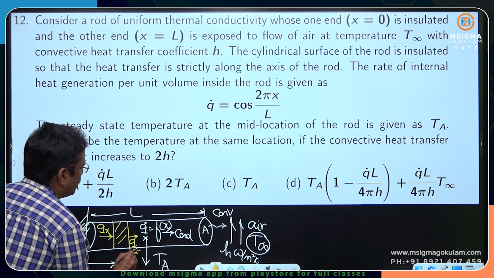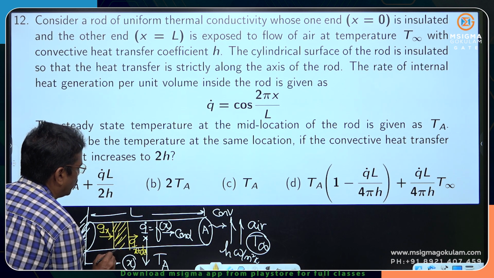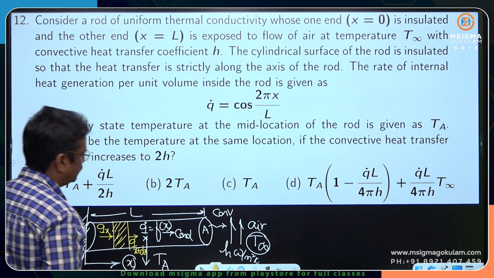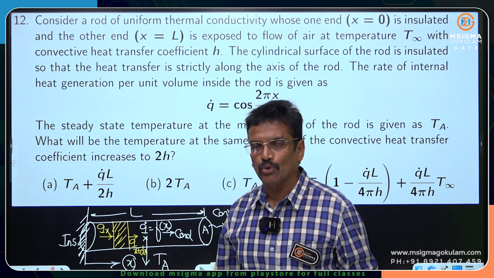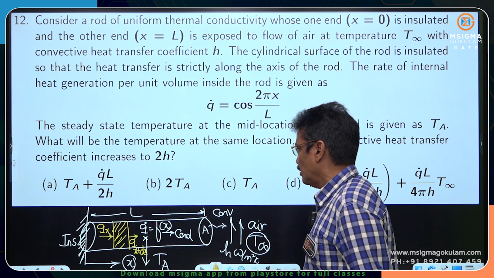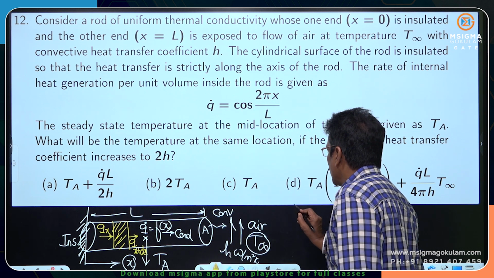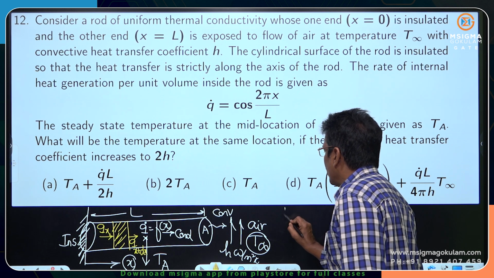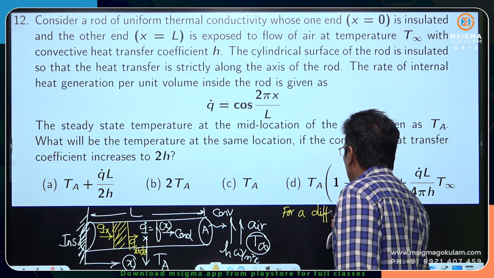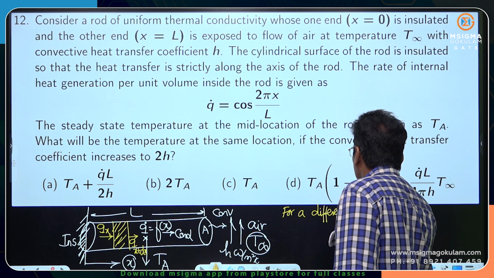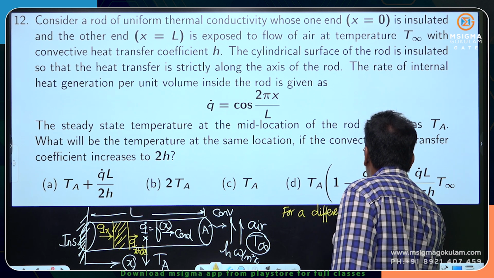I write the energy balance, including the heat generated inside that differential control volume of length dx. From that I will formulate the differential equation, and I will integrate that to get the temperature distribution. First consider a differential element of length dx.